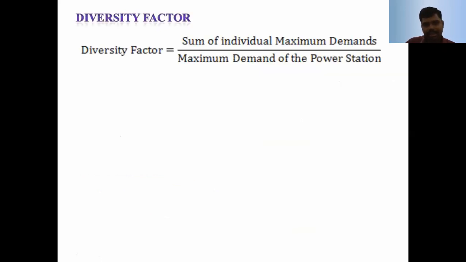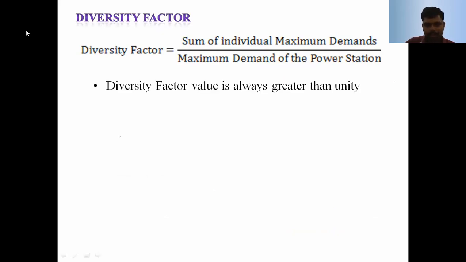And diversity factor is defined as the ratio of the sum of individual maximum demands to the maximum demand on the power station. How can we calculate this? Suppose in a particular area 10 consumers are available.